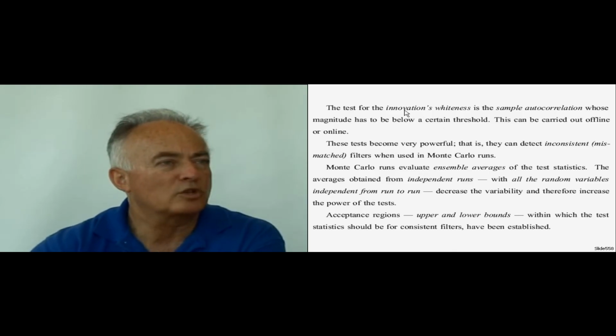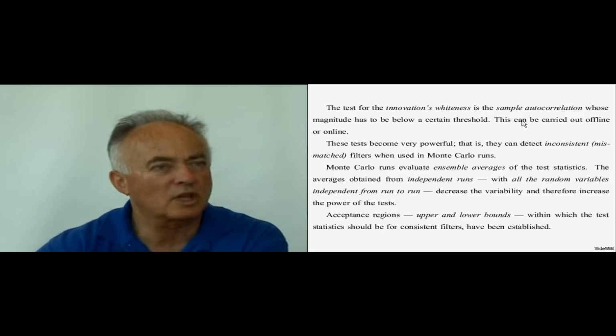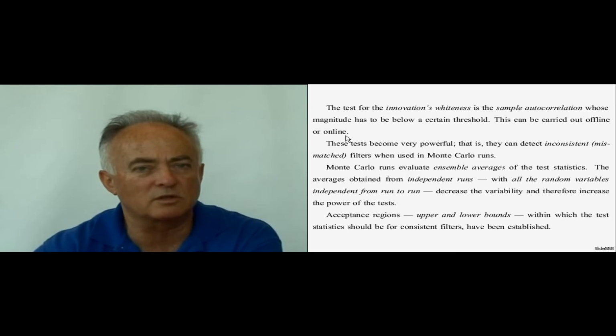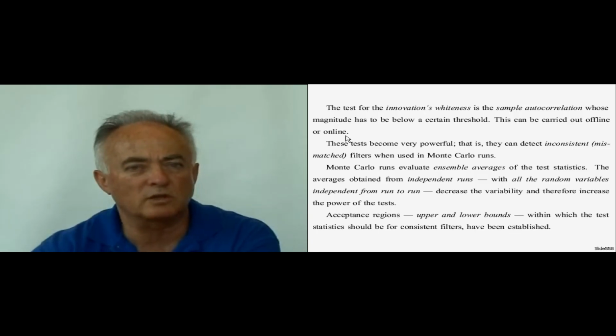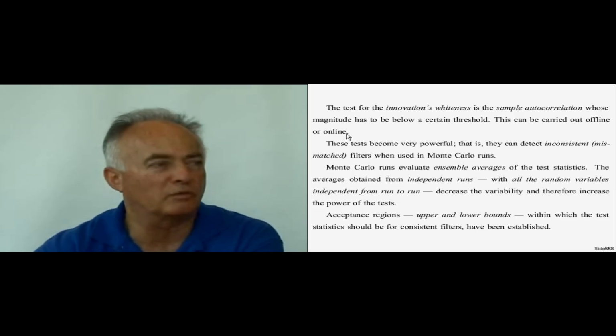To test the innovation's whiteness, we use the sample autocorrelation, and the magnitude has to be below a certain threshold. This can be carried out offline or online, and again remember, the autocorrelation at two different times has to be exactly zero. You will never get zero. You have to be close enough to zero, and the probability region tells you what is acceptable as close enough.